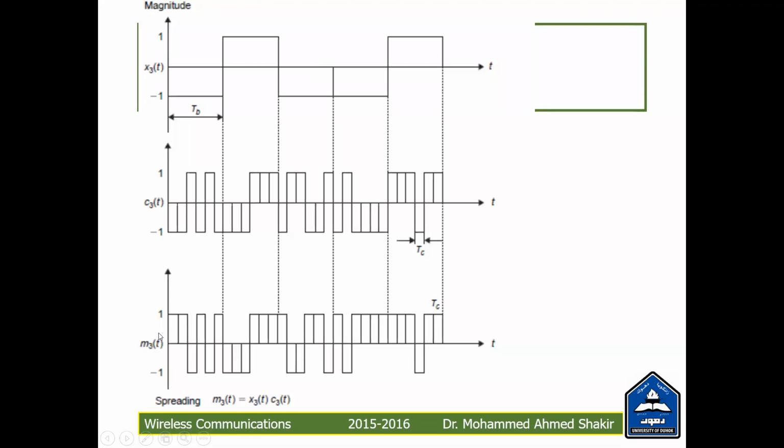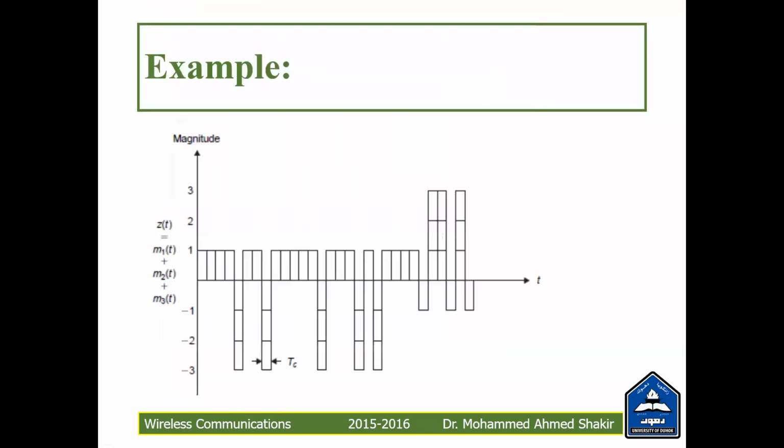You can try these values by hand. Now after that, the base station will transmit the 3 signals m1 of t, m2 of t, and m3 of t together at the same bandwidth. Look, after adding m1 plus m2 plus m3, this will be the resultant signal z of t.